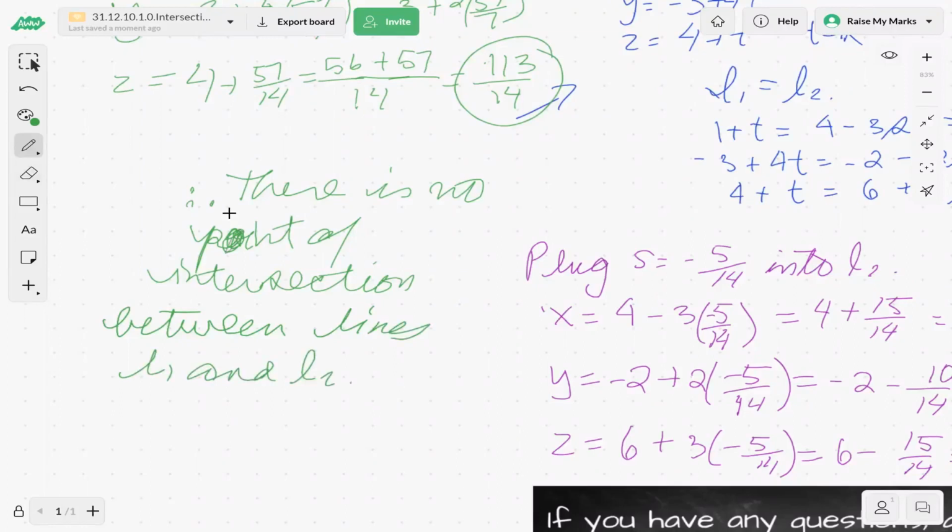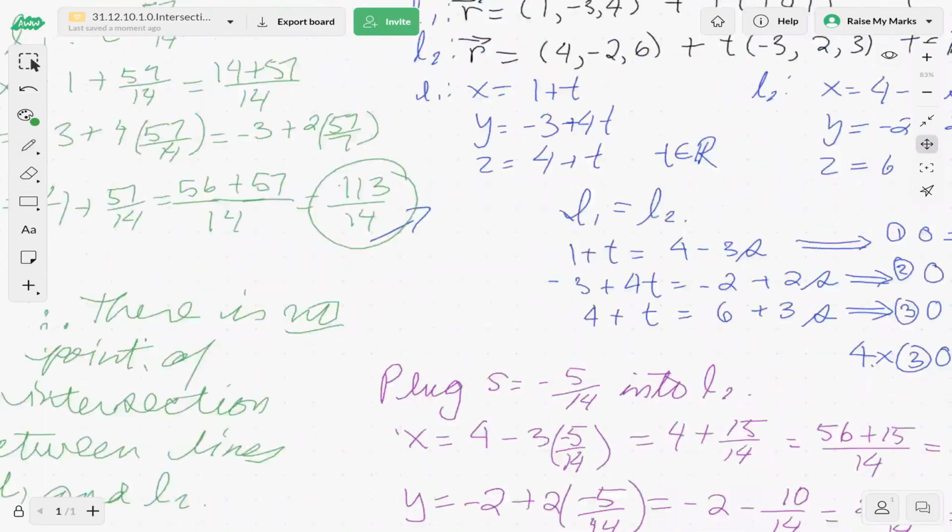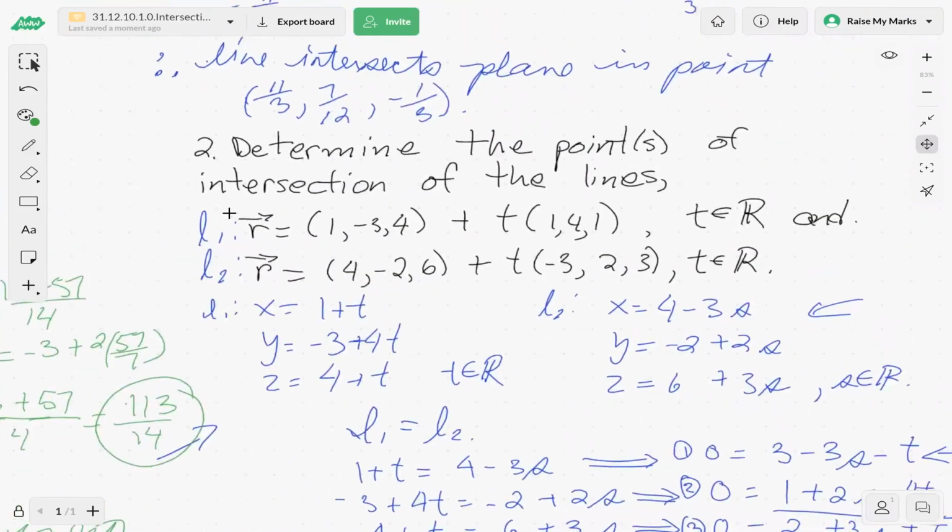All right, so we've actually shown this two different ways. So let's review. It's a bit of a messy problem. No point of intersection. Let's go back. We're asked to determine the points of intersection of the lines L1 and L2, if it exists.